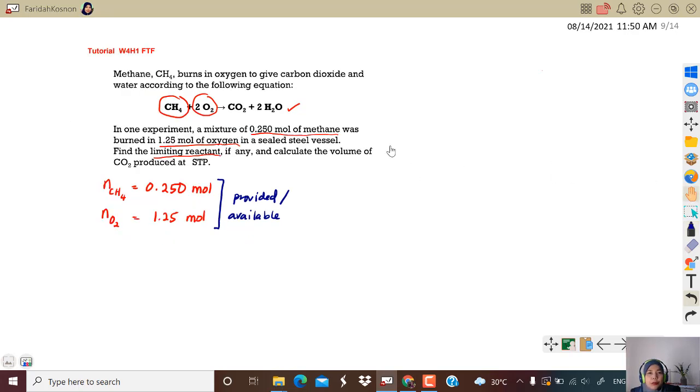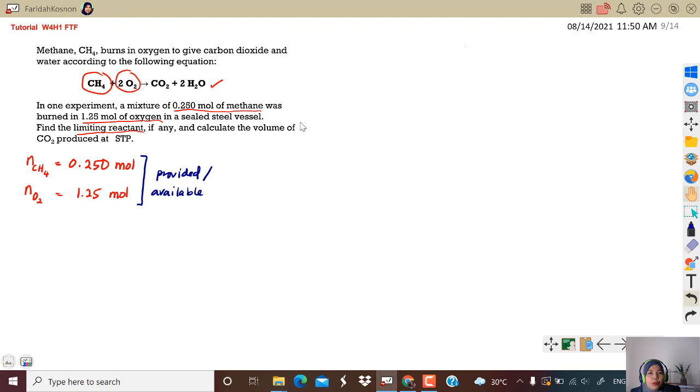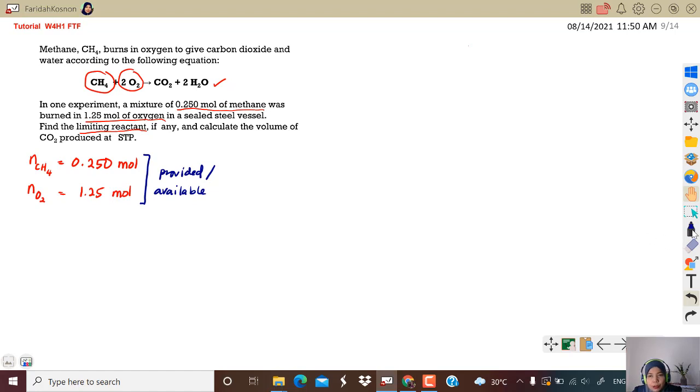Okay, so now, if we use comparison mole to mole for reactant, let's say saya start dengan mole of methane. From the balanced chemical equation, you can see here we have 1 mole of methane needs, ataupun reacts, okay, boleh tulis dalam ayat lah, needs 2 mole of oxygen gas.